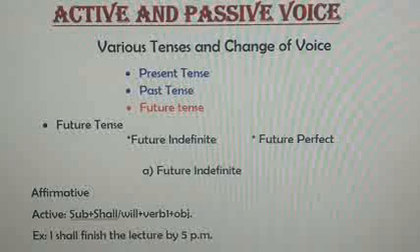Now I will write the passive structure to convert it into passive form. The structure will be: the object will take the place of the subject. I will put the same auxiliary verb, shall or will. Then I will put be over here.